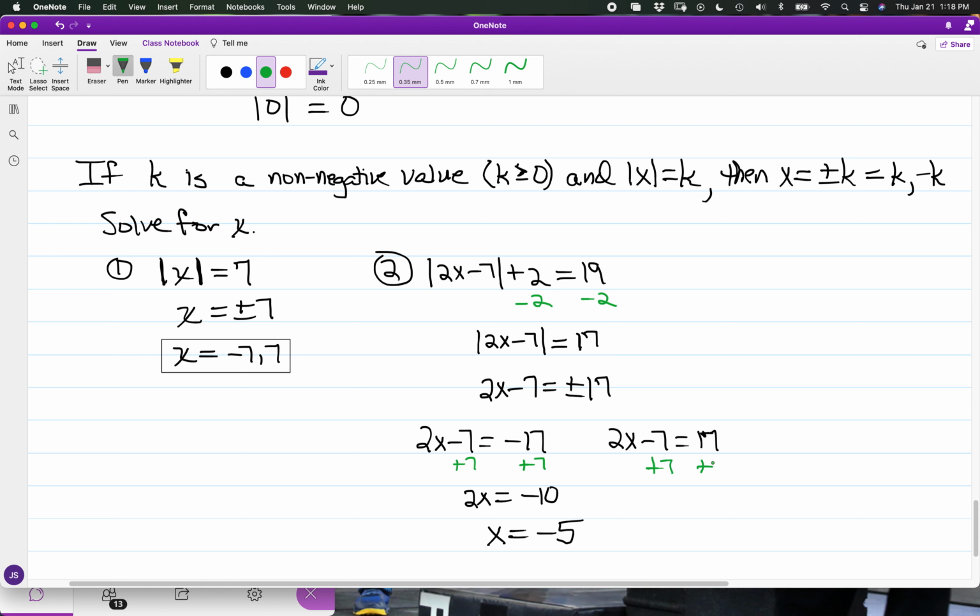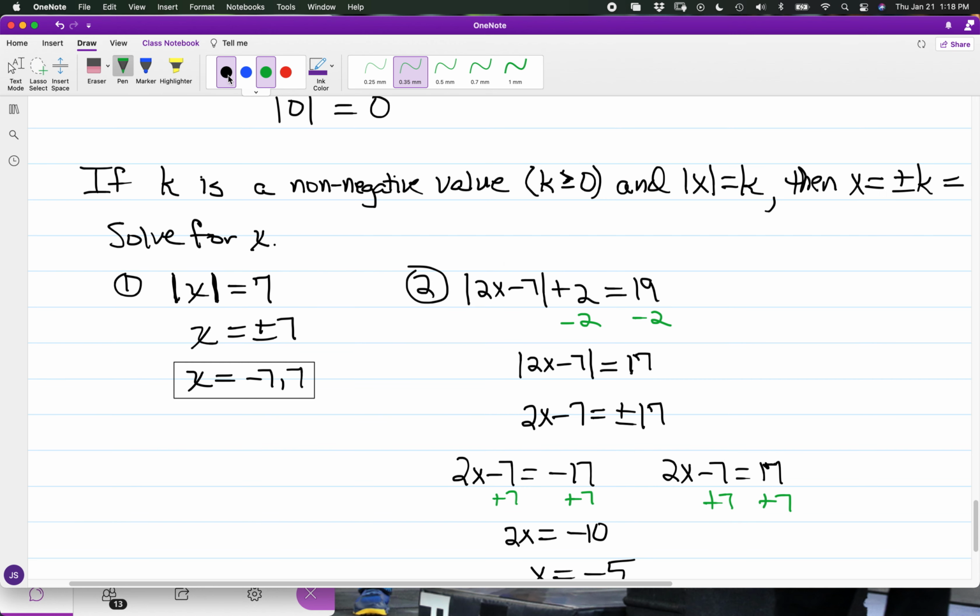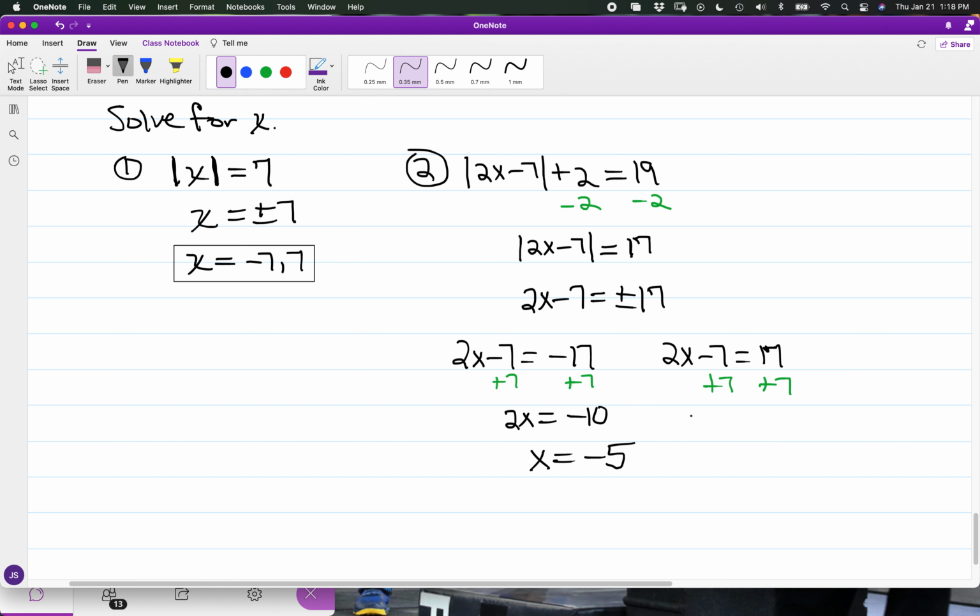If I add 7 to both sides, I have 2x is equal to 24, and with division by 2, x is equal to 12. So in this particular case, x could be negative 5, or it could be 12.